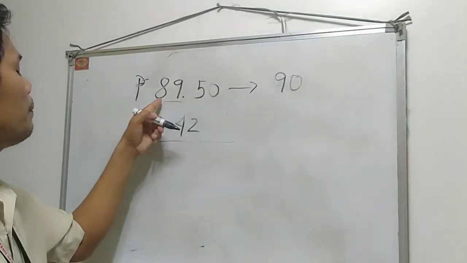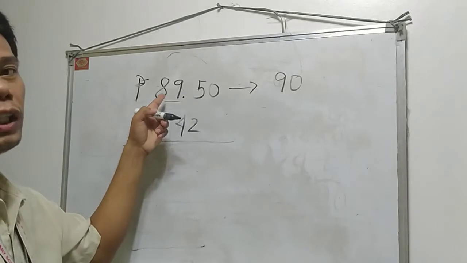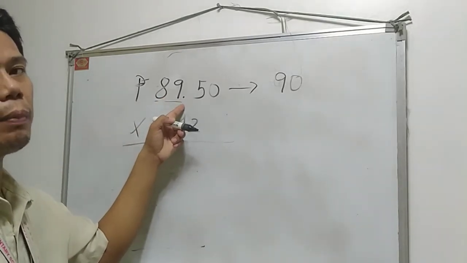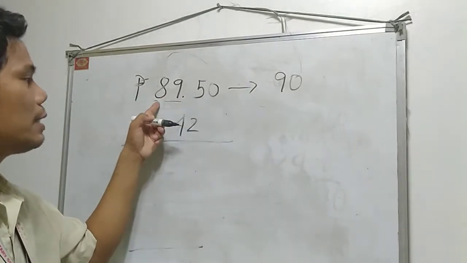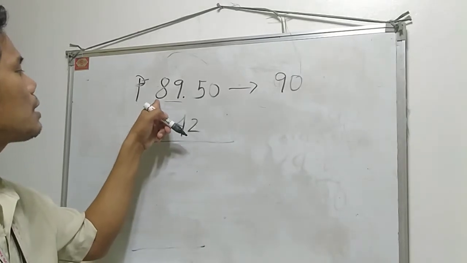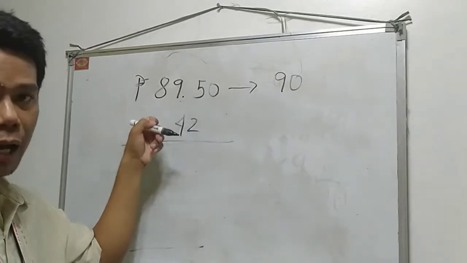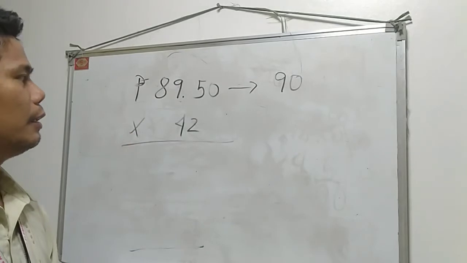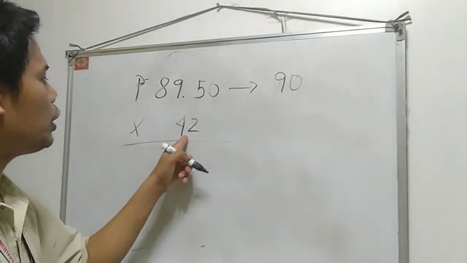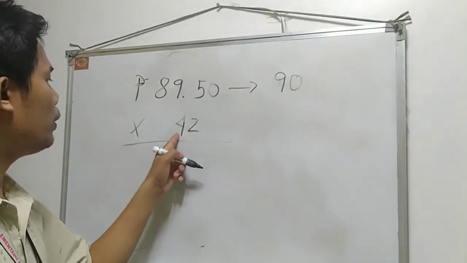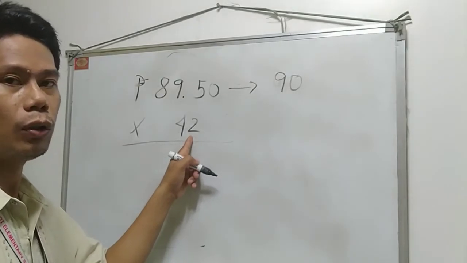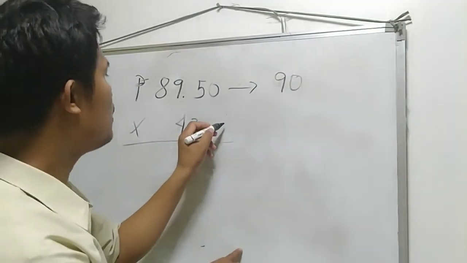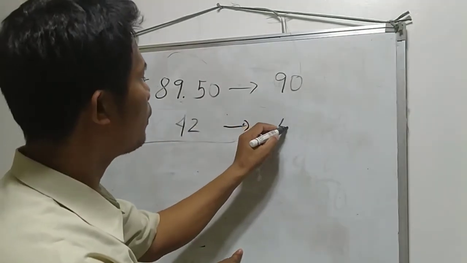Kasi, di ba pag nag-round off tayo, kung ano yung nasa right, kung ang nasa right ay 5 pataas, plus 1 sa i-round off. Pero kung ang nasa right ay 4 pababa, retain the number. Okay, just like 42. So si 42, 4, then 0, 2. So 4 pa rin siya. That is why si 42 becomes 40.